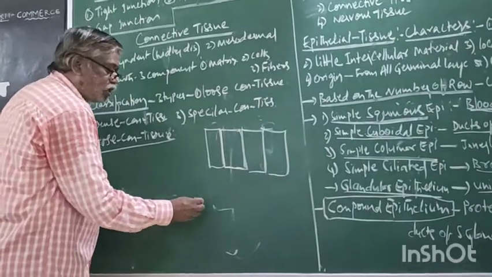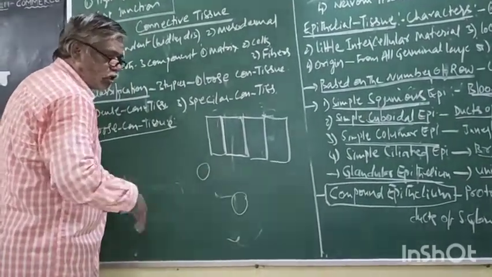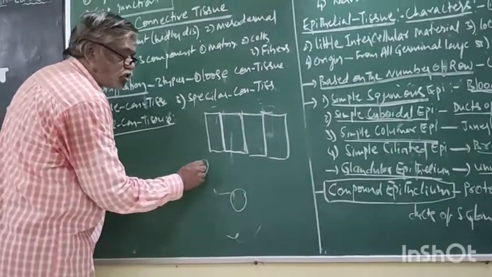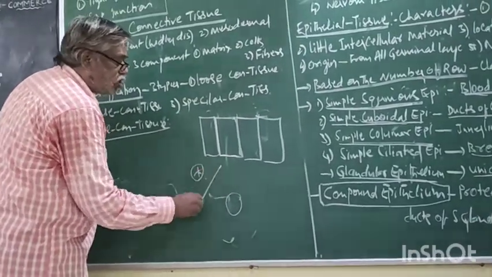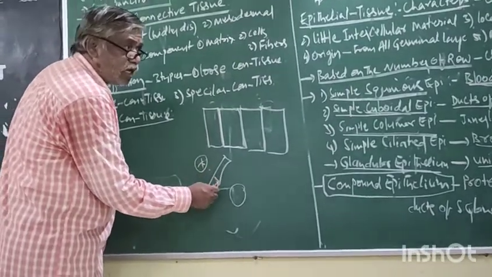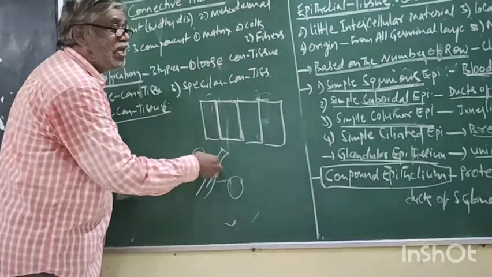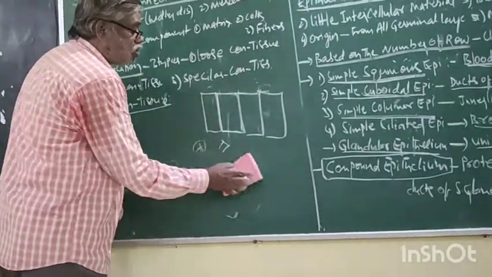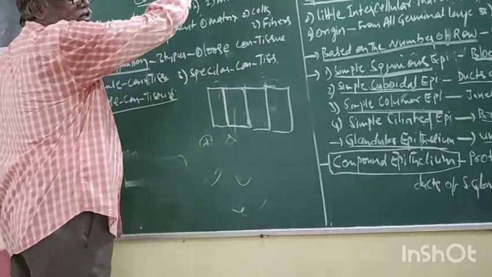Suppose in one area of the body some secretions are there, and this secretion cannot be transported across. In between, there are tight junctions. That means where the tight junction is there, it prevents leakages. This is the most important function of the tight junction.